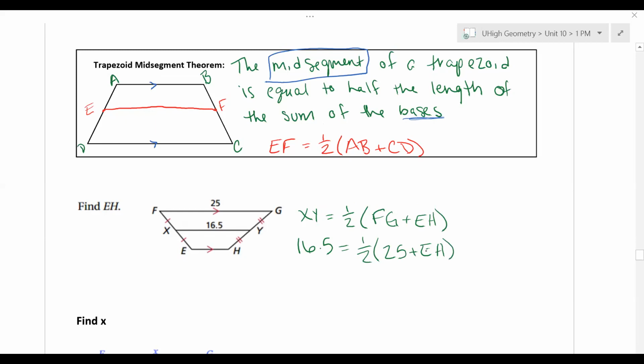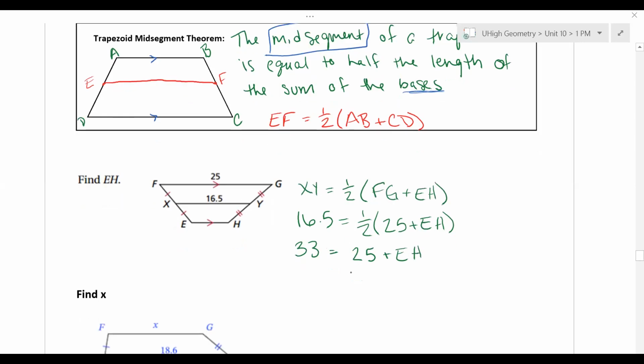And now I can go ahead and simplify, and I'm going to try to solve for EH. Since I know that my mid-segment is half of the length of the sum of the bases, if I multiply both sides by 2, I'm going to get that 33 is equal to the sum of my bases, so my 25 plus my EH.